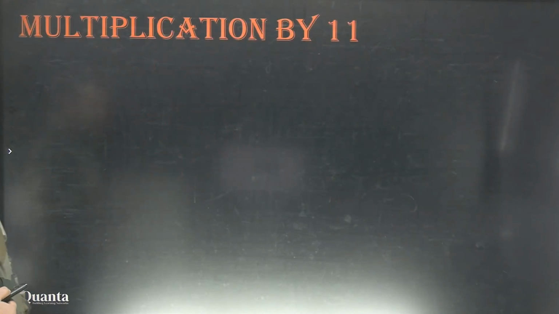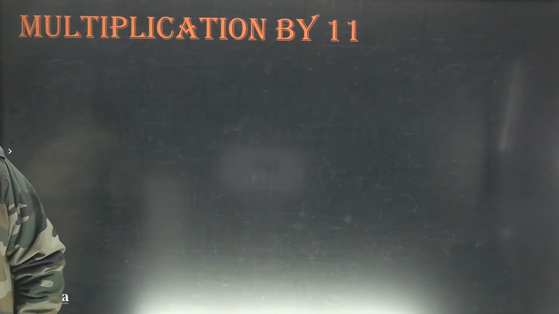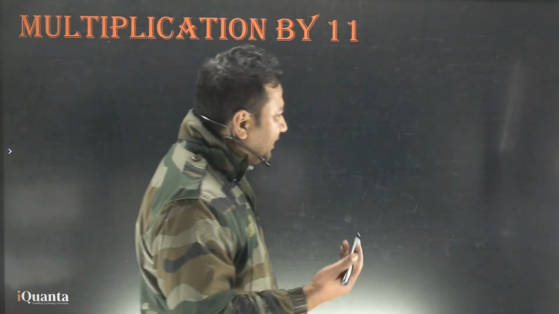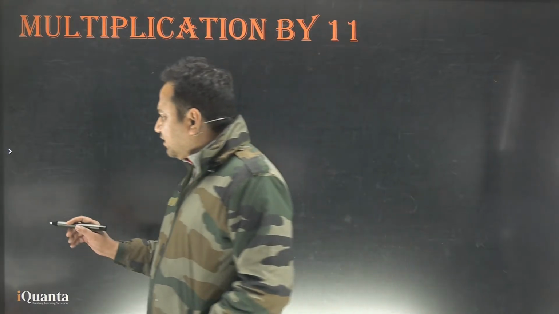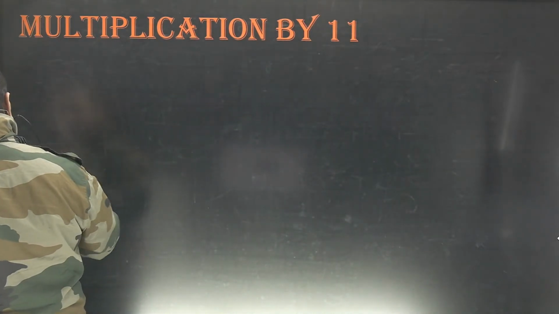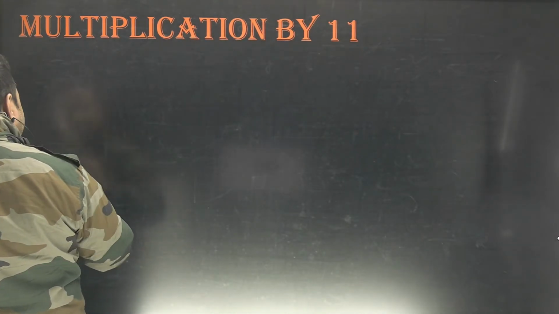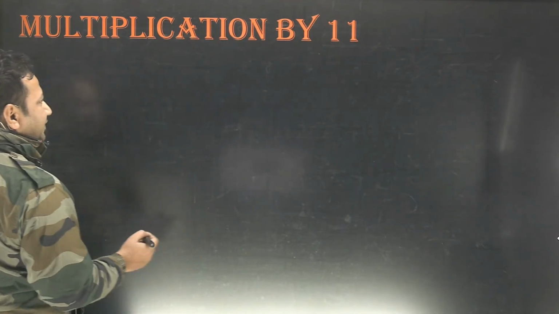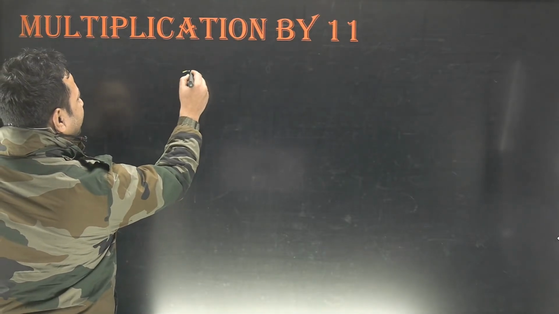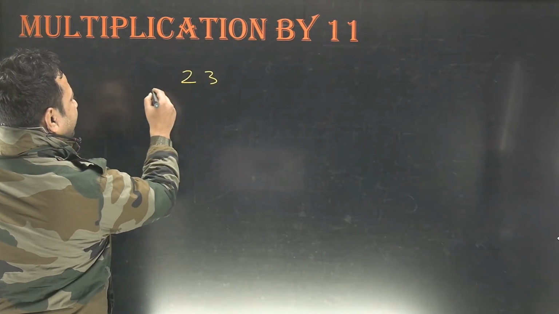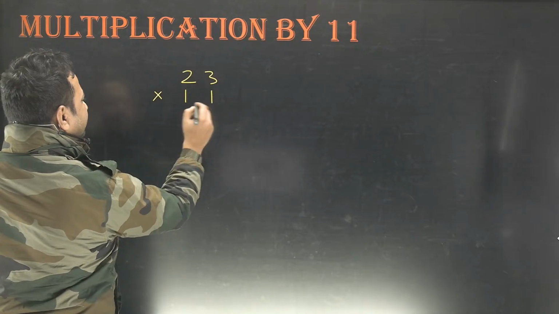Okay. So the first thing that we're going to study is multiplication by 11. I think a lot of you might already be aware of it, but those who are not, you will really enjoy it, and those who are aware, start practicing it again. So let's say someone asks me what is the product of 23 and 11.